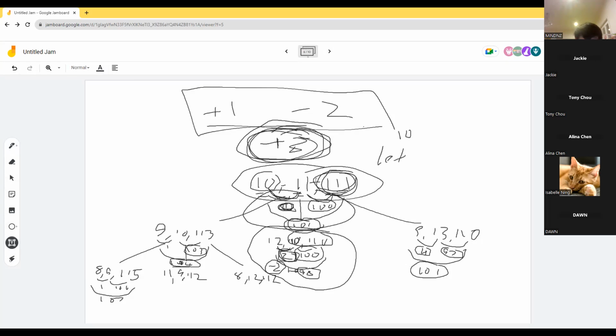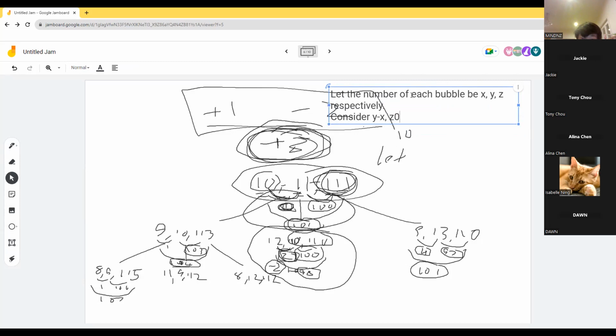I should prototype this. Let the number of bubbles be x, y, z, respectively. Okay. Then consider y minus x, z minus y, and x minus z.